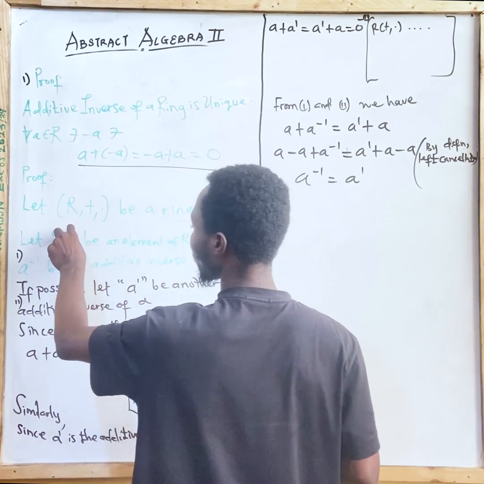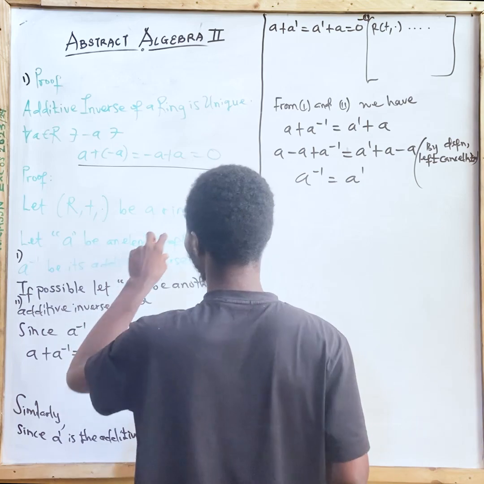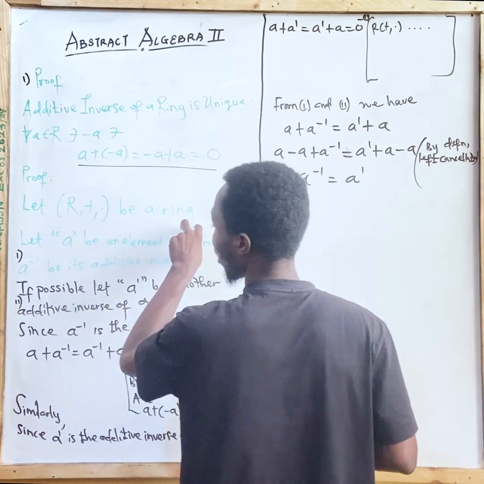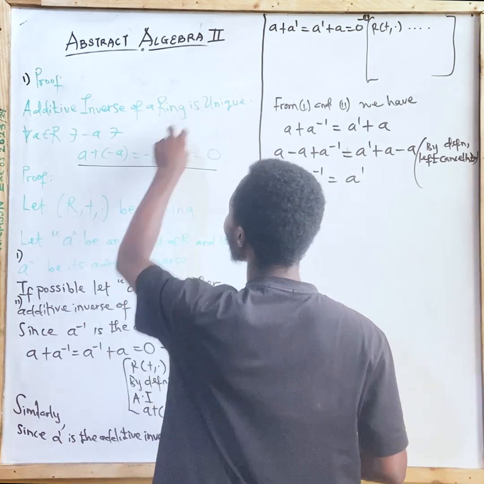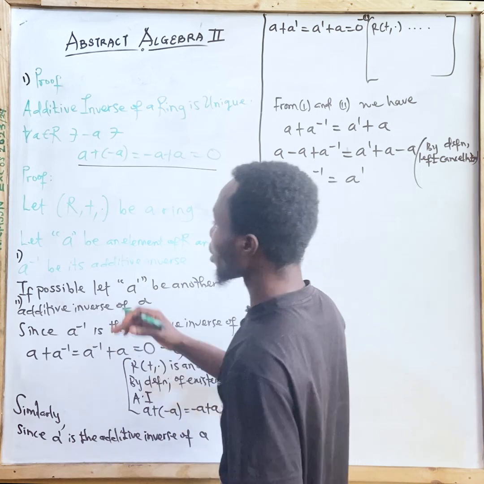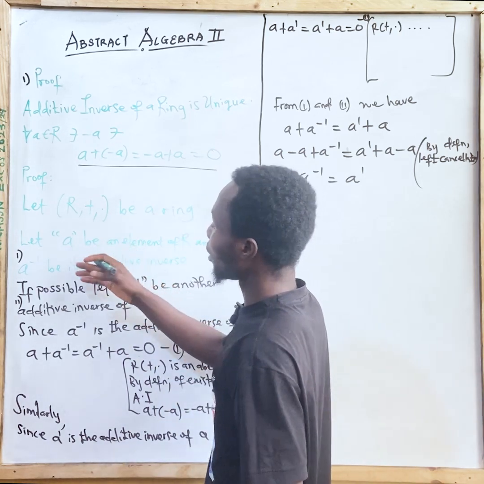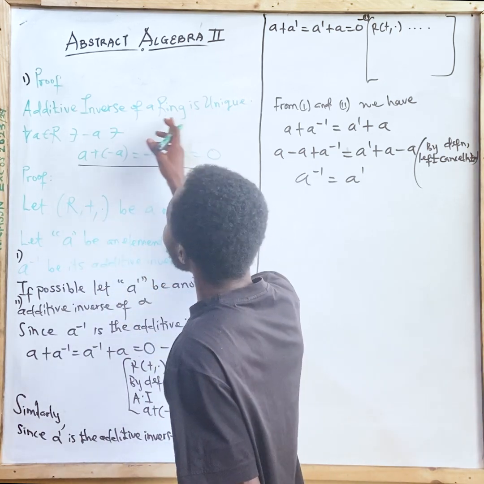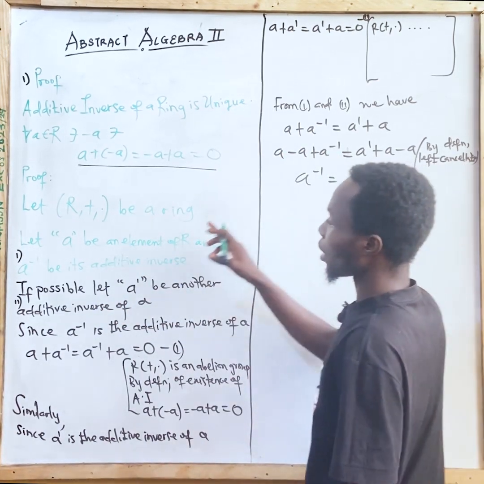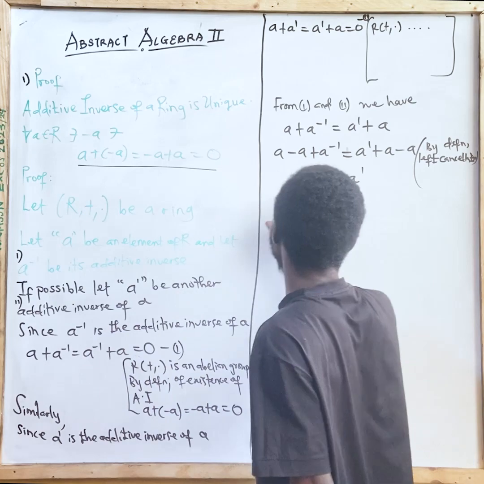So if I pick out an element from a particular set R, which is a ring, the element can have 2 or more additive inverses. So what I did was to assume that the element has 2 additive inverses, and I've been able to prove at the end of the day that both of my assumptions are the same.